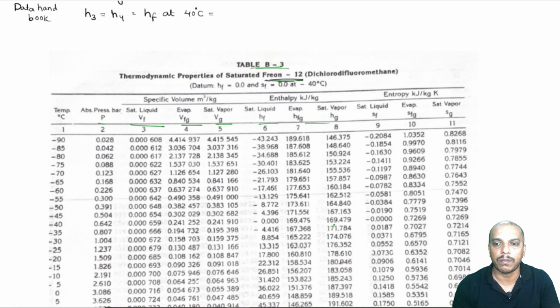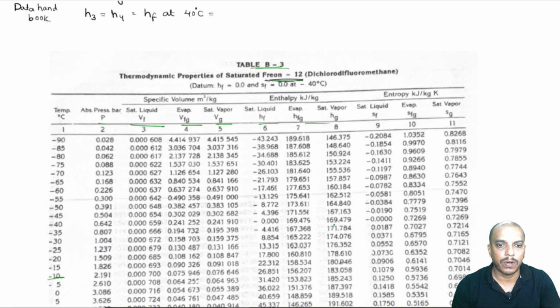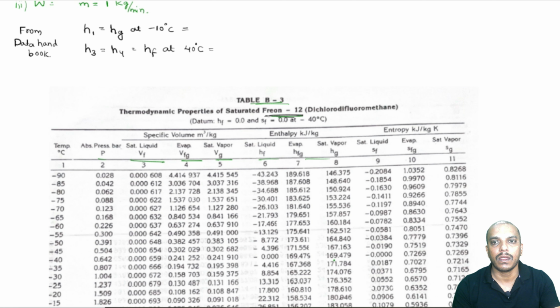I will go to the -10 degrees Celsius row and I want Hg. So Hg is 183.058 kilojoule per kg.